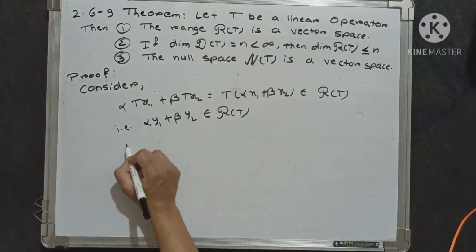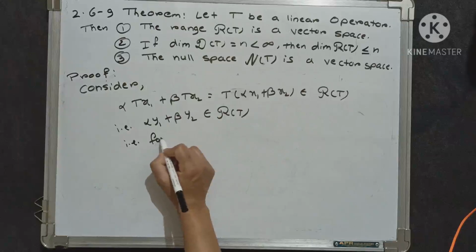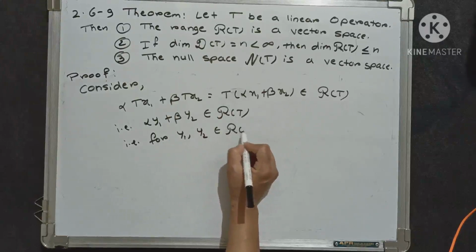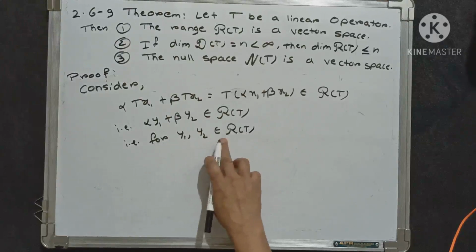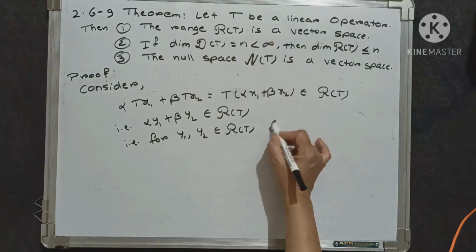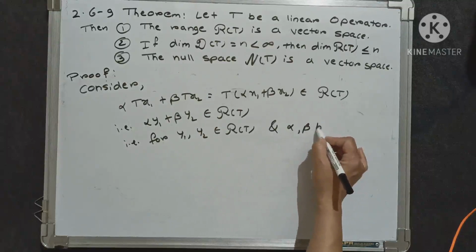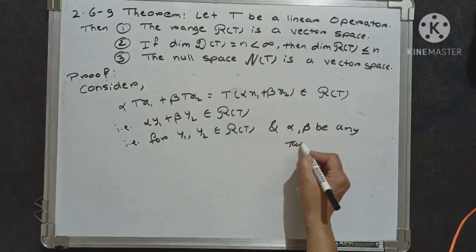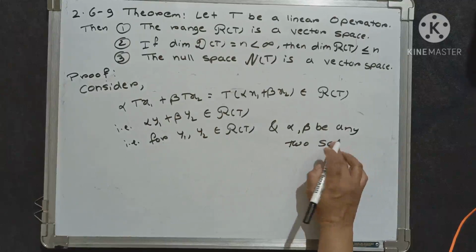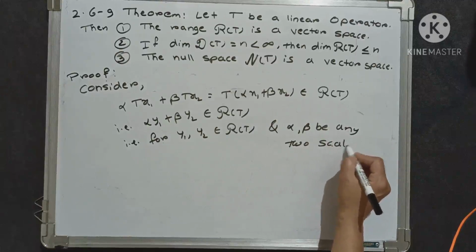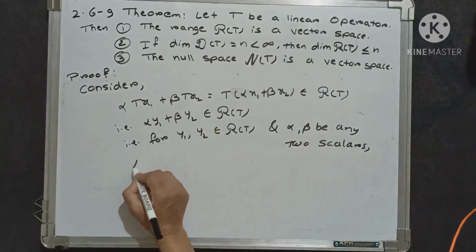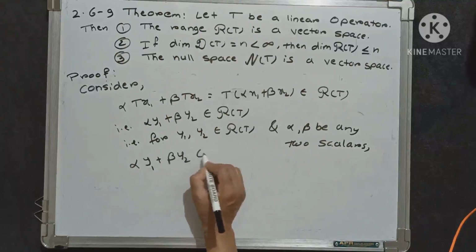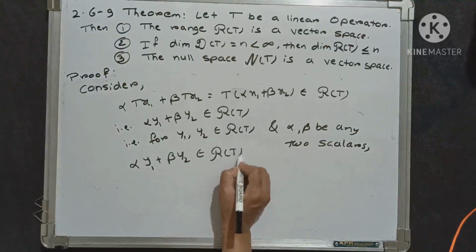That means, as y1 and y2 are any two arbitrary elements of script R of T, for any y1, y2 belonging to script R of T, and alpha, beta any two scalars, we get that alpha y1 plus beta y2 is also an element of the range set.